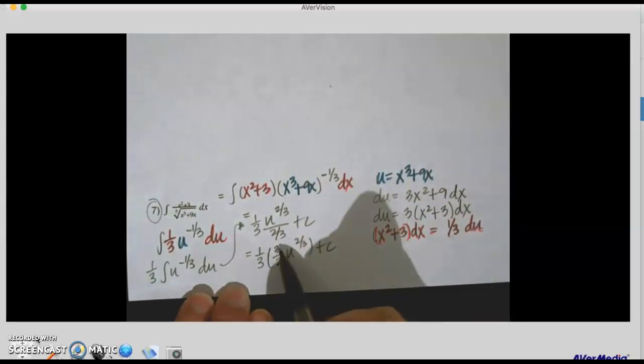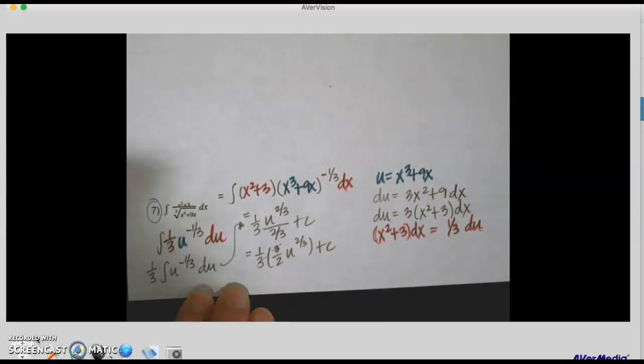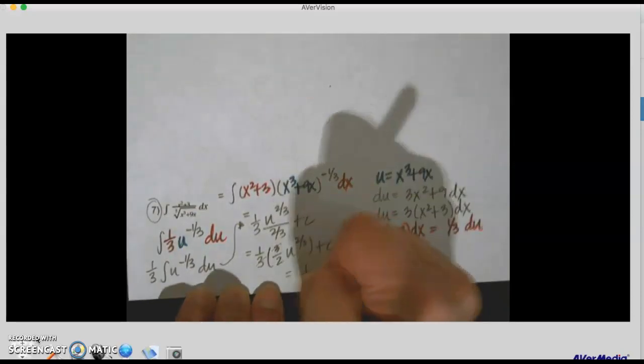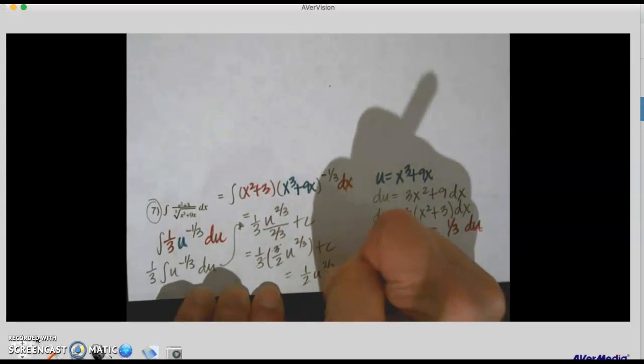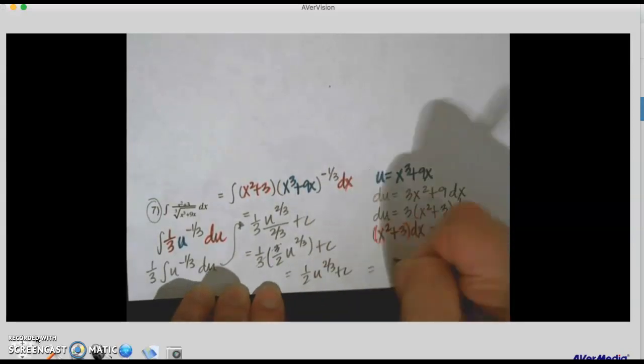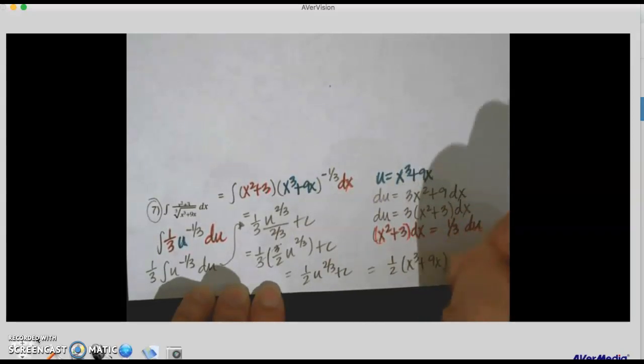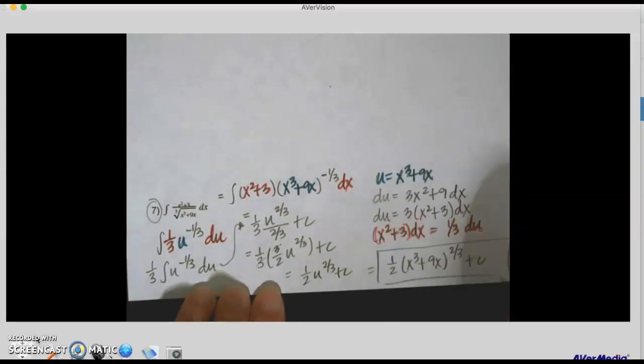And then here the 3's could cancel. Right? So then you're left with 1/2 u to the 2/3 plus c. So that's what we'll be able to substitute in to get our final integral answer.